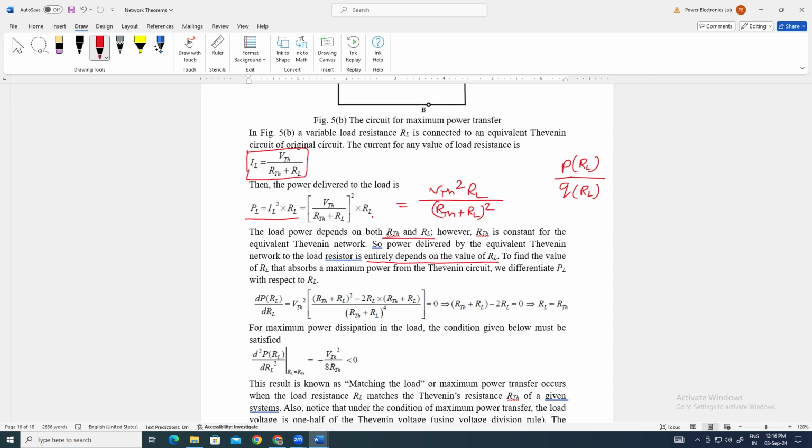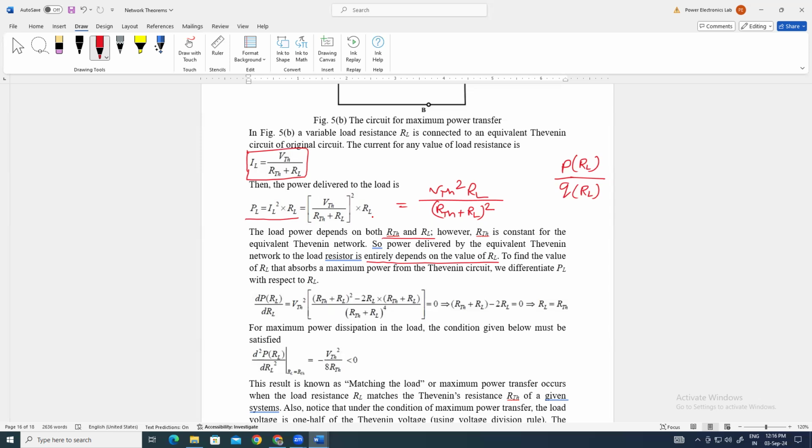minus the numerator RL multiplied by the differentiation of the denominator. So minus 2 into RL into RTH plus RL, if we differentiate RTH plus RL with respect to RL, it will be 0 and 1.